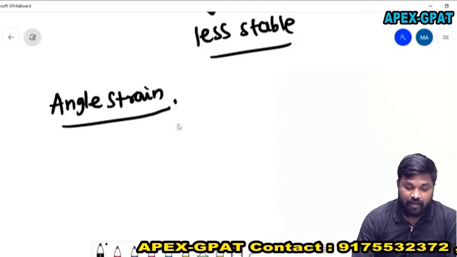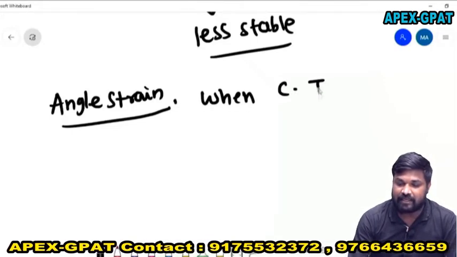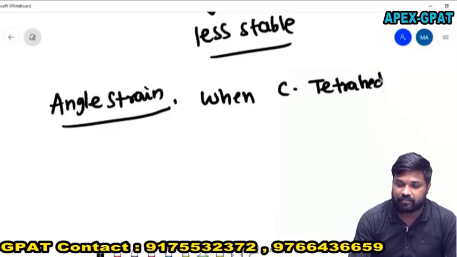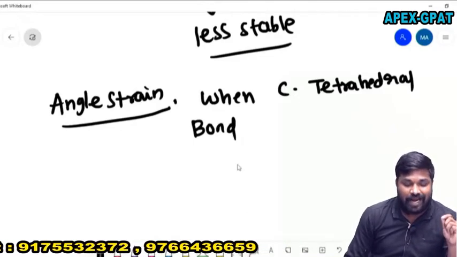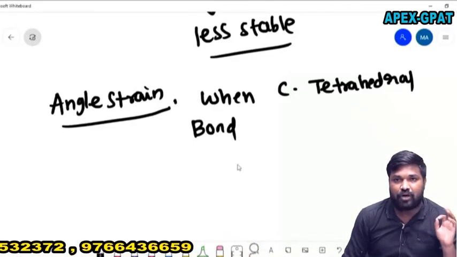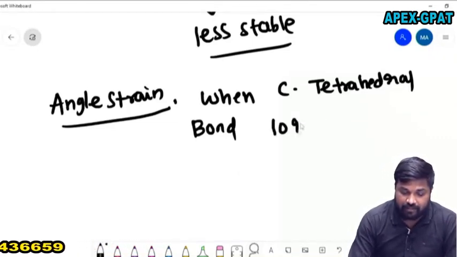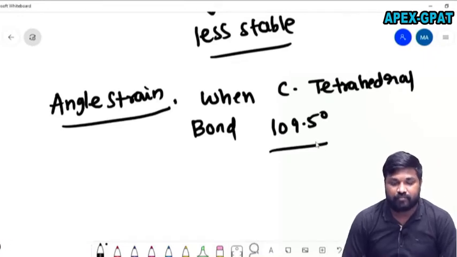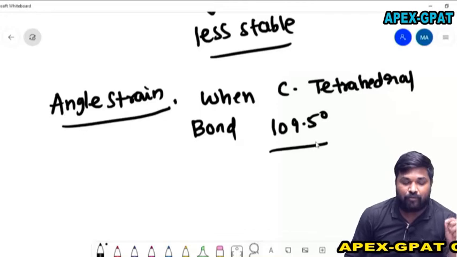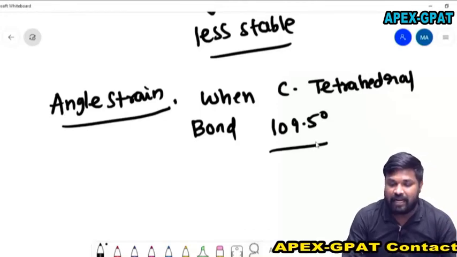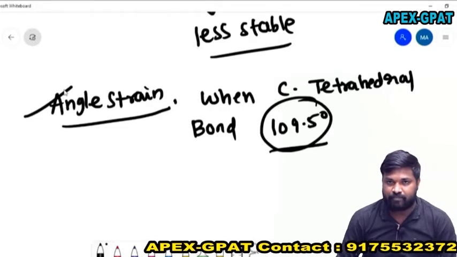Very simple. When cyclic tetrahedral bonds are forced out of their ideal bond angle, that is 109.5 degrees, we say it is angle strain, right?